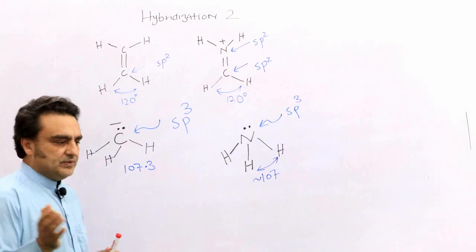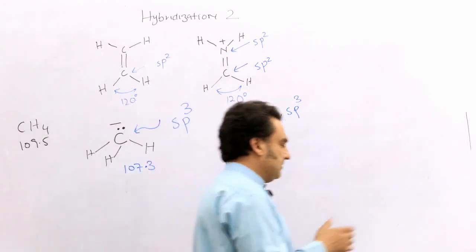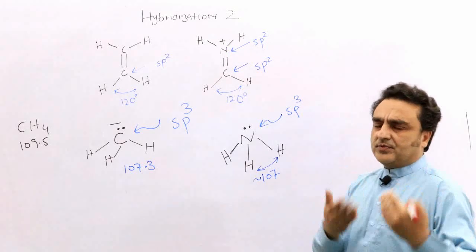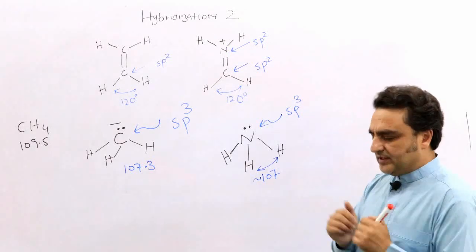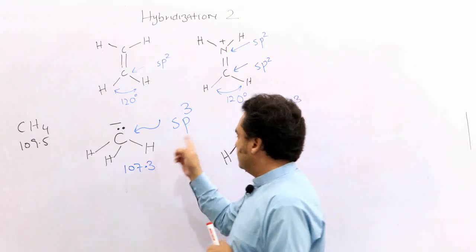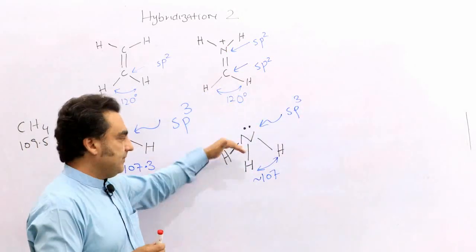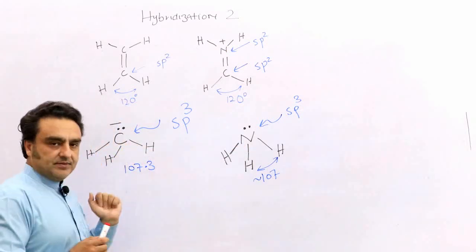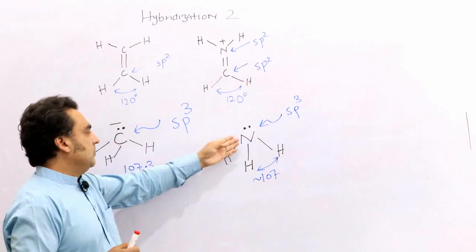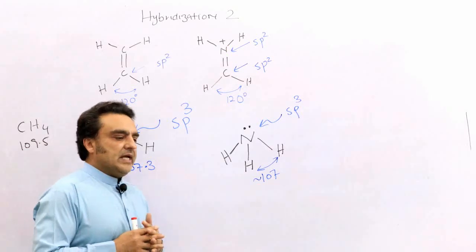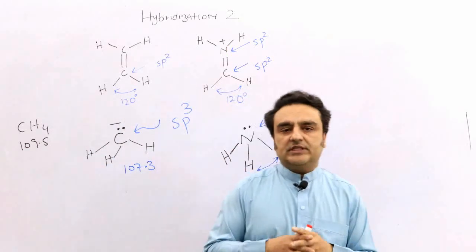So I'll try to explain it through the concept of electronegativity. As you know, the nitrogen atom is more electronegative than the carbon atom. Now what will happen? An electronegative atom, what does it do?